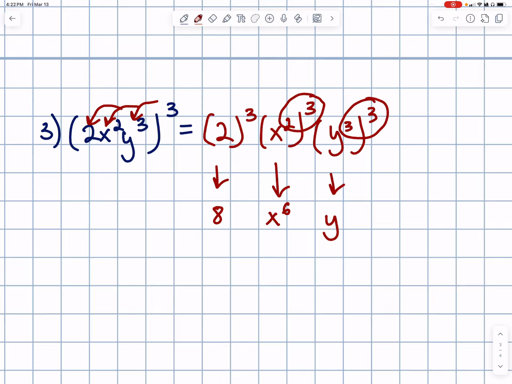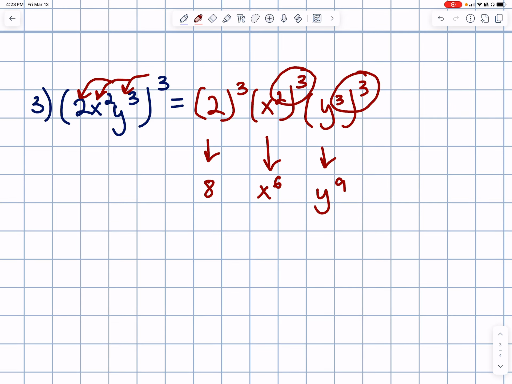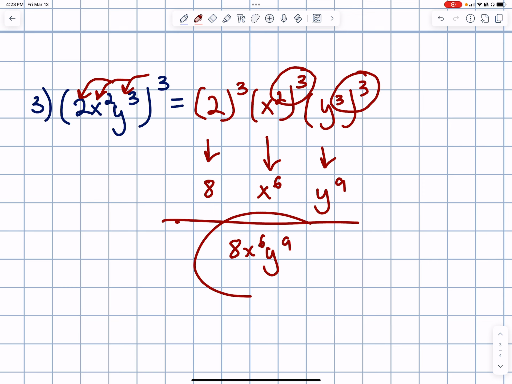What's 3 times 3? 9. So your answer is, I know this is your answer, but it's too spaced out, so we're going to rewrite it: 8x to the 6th, y to the 9th. And that is your final answer.